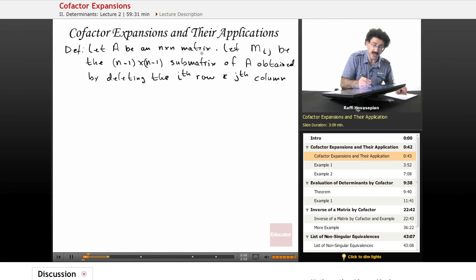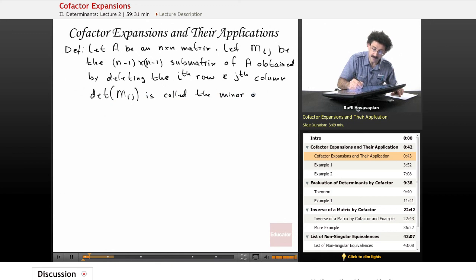Now let's see, so let A be an n by n matrix, let M sub ij be the n minus 1 by n minus 1 submatrix of A obtained by deleting the ith row and the jth column. Now the determinant of this M sub ij is called the minor of the entry A sub ij.